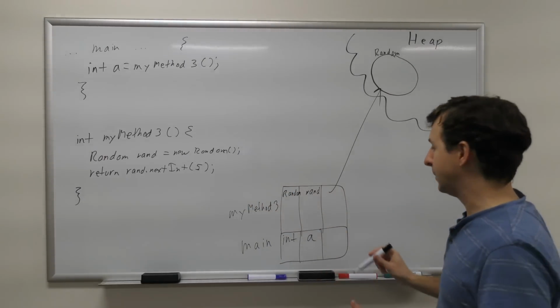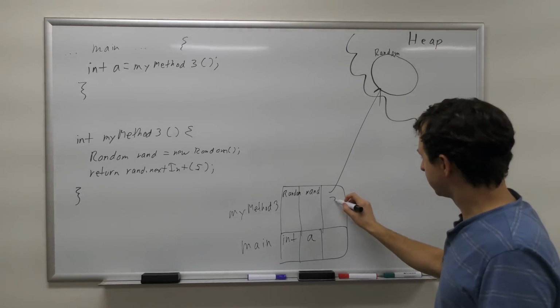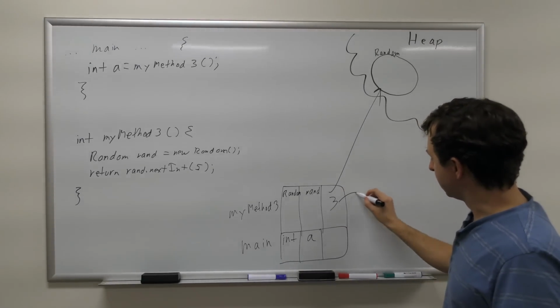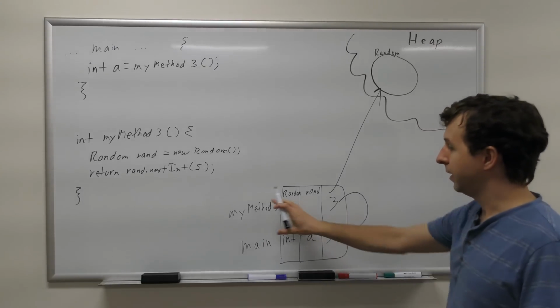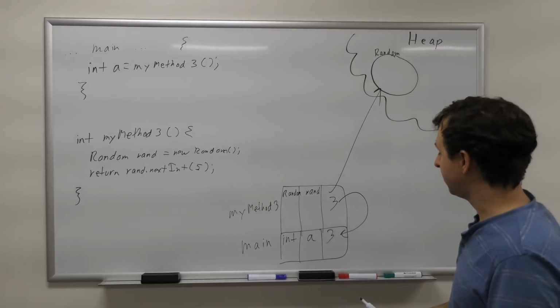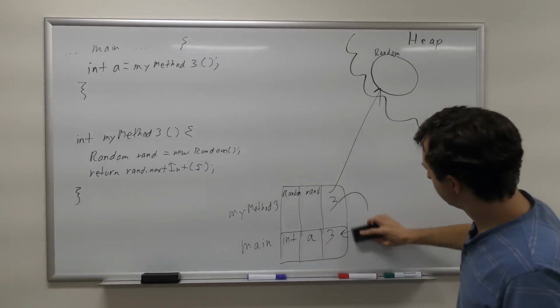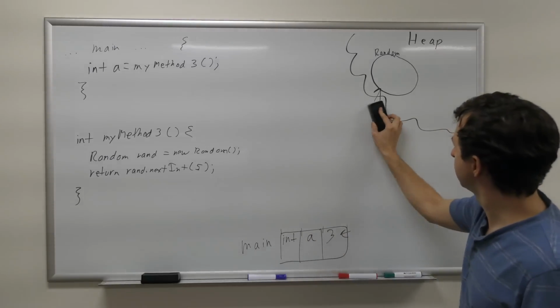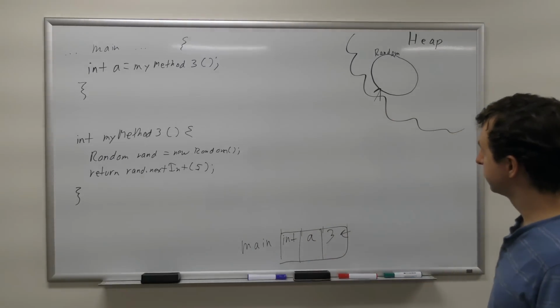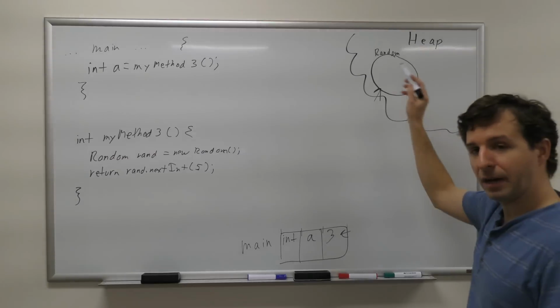Easy enough. Okay, next we return random.nextInt(5). Let's say the random number that came up was 3. Simply copy this into here, and then we pop this entry off the stack. Notice that this object is still alive.